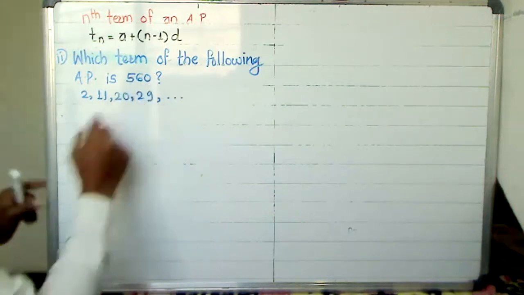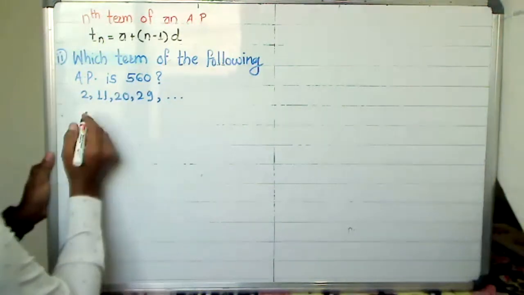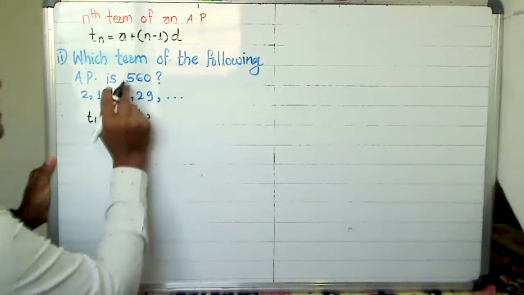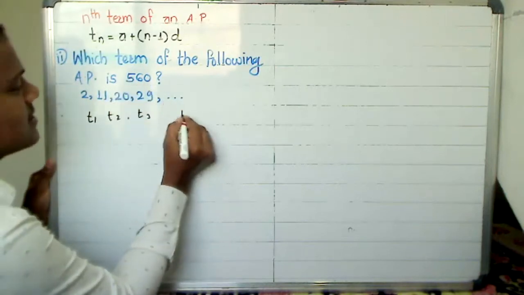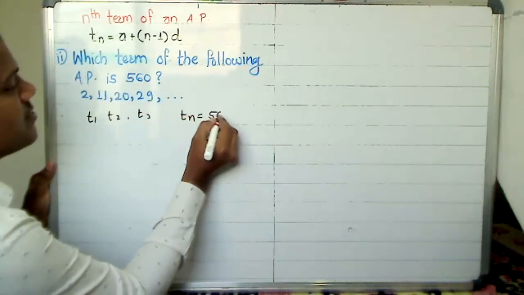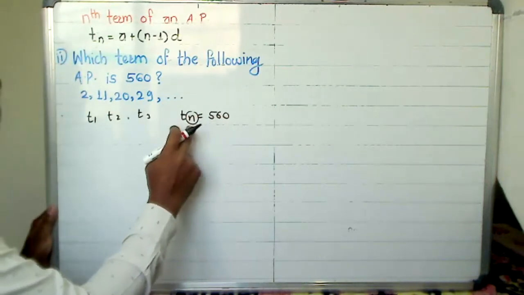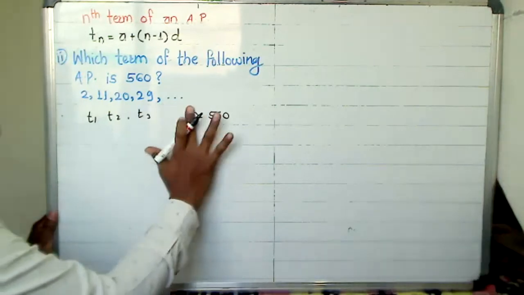Suppose we have T1, T2, T3 like that, and we assume this as Tn. Tn is equal to 560. Then in this example, we have to find the number of the term.